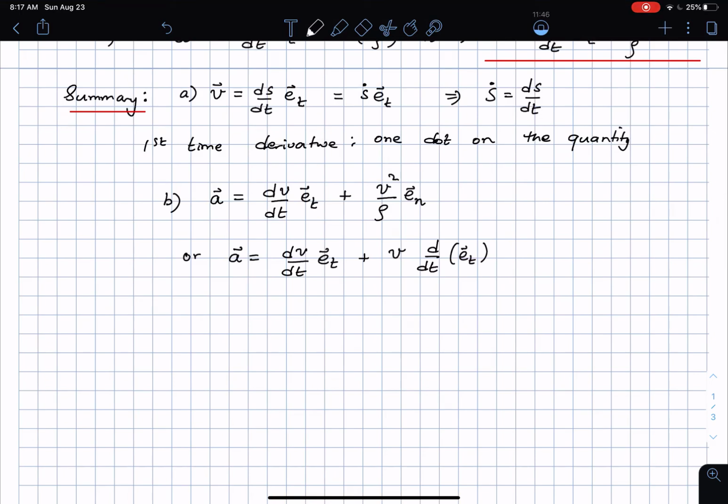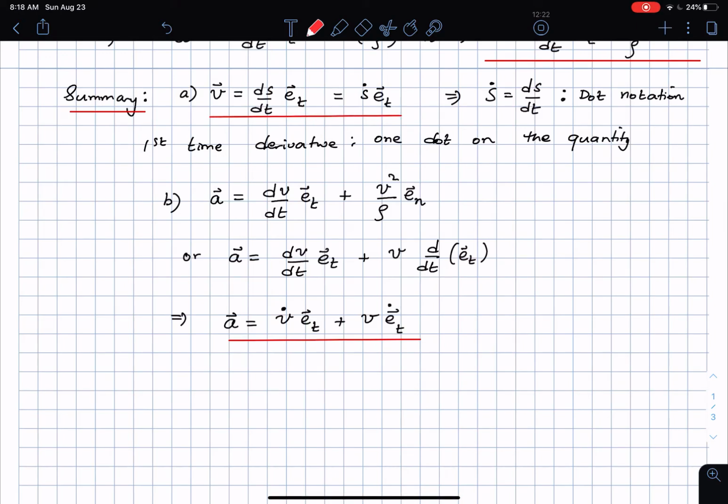And I can make use of the same dot notation. This is called the dot notation, and the dot implies time derivative, or derivative with respect to time. So my acceleration vector can be written as v dot e_t plus v times e dot of t. These are all key things that we will keep coming across quite often.